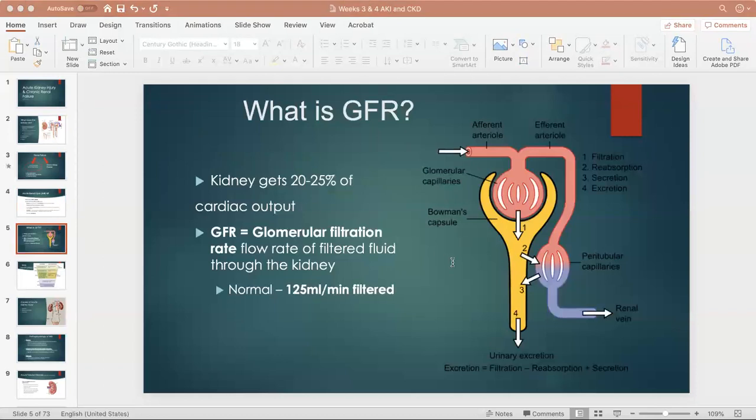We did talk about this in another video, but let's go over it again. So we talked about the glomerulus, which is a part of the nephron. The main point of the glomerulus is to filter. It's kind of the first step of filtering the blood. It uses hydrostatic pressure to pull the filtrate out of the blood.